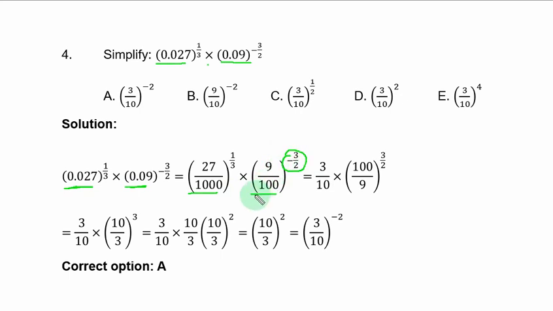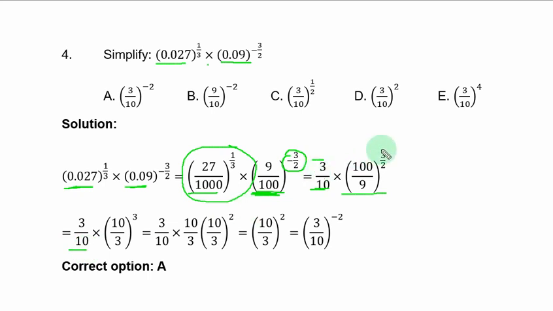You simply interchange the position of the numerator and denominator in this fraction, and you have this. As you are doing that, you can check the cube root of this fraction. Cube root of 27 is 3. So, sorry, cube root of 1000 is 10. The same 3 over 10 is what you have here.